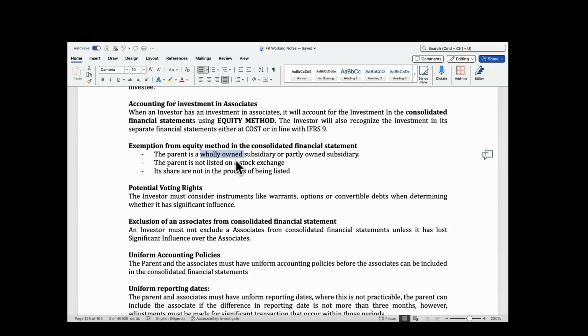You don't have to use equity method. You only need to incorporate that investment in your separate accounts at cost, the amount you paid.